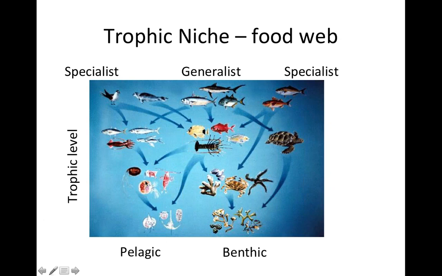We have different productivity sources from this pelagic component of a food web and this benthic component of a food web. And then at the top, or all the way along, we have species that exist on this gradient from specialists to generalists. So again, we've got pelagic specialists here, benthic specialists, generalists, which are foraging off pelagic or benthic fishes, or benthic prey.